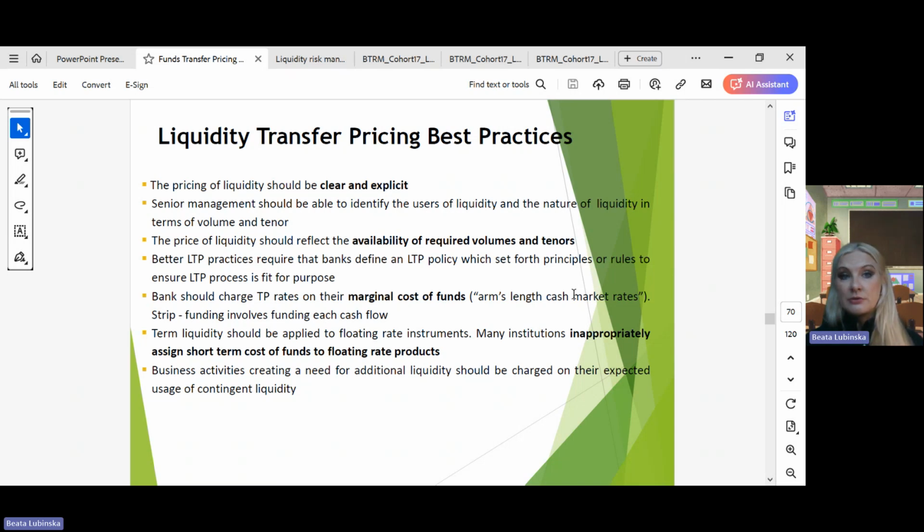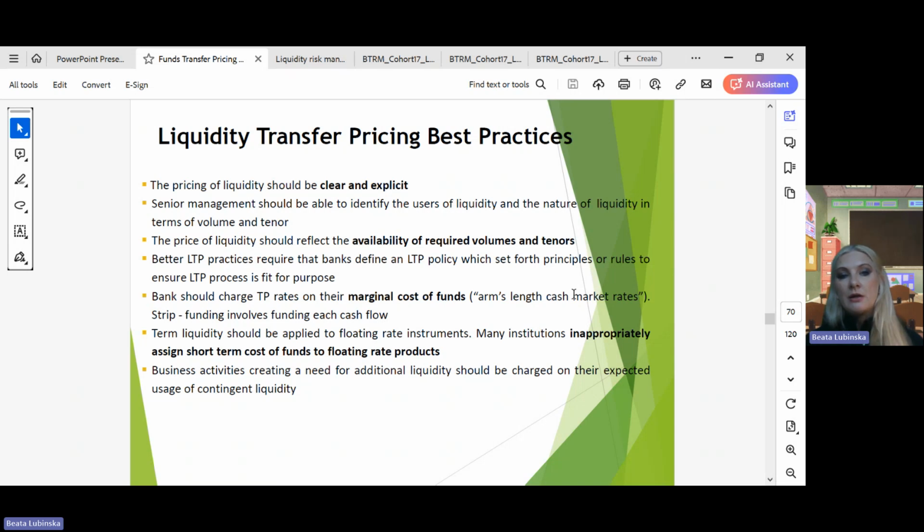So first of all, there is a clear need for explicitness, simplicity and transparency, so that every stakeholder in the FTP process should know how the LTP is calculated.